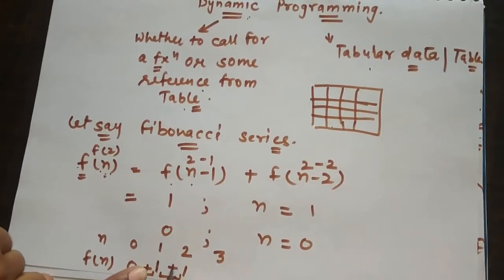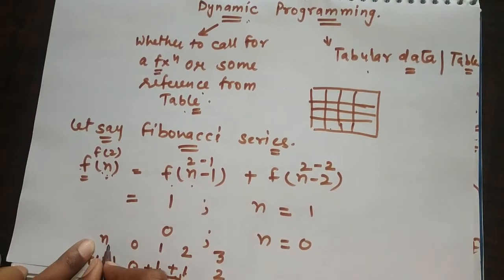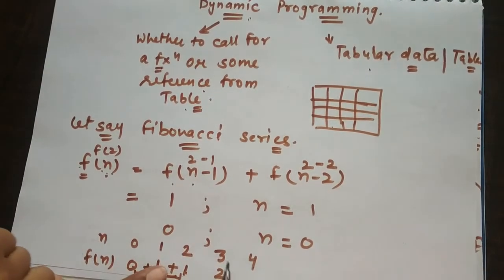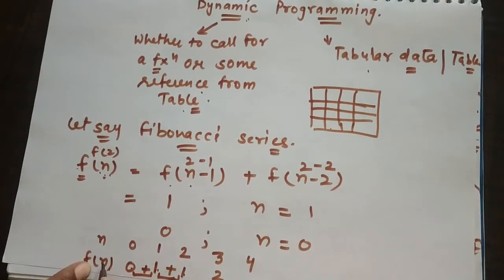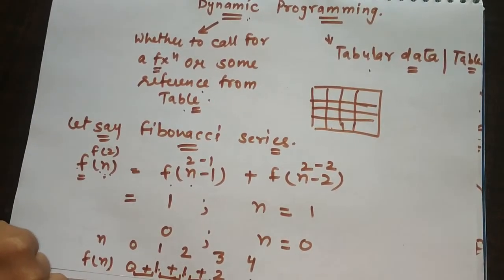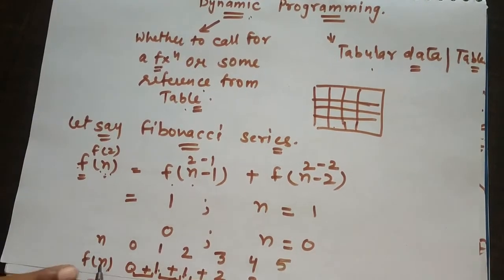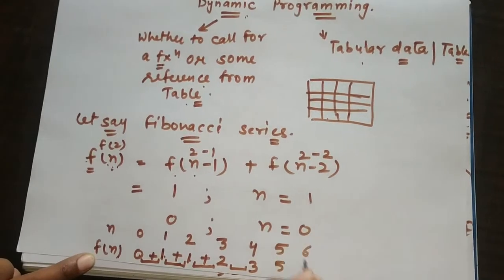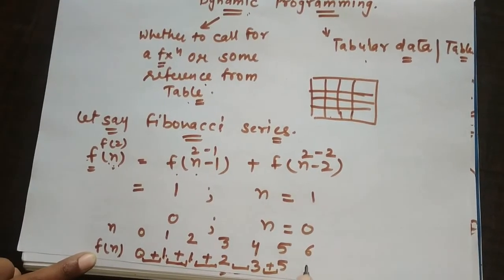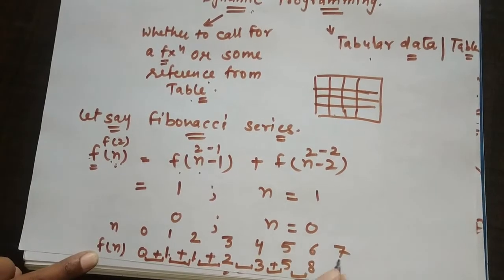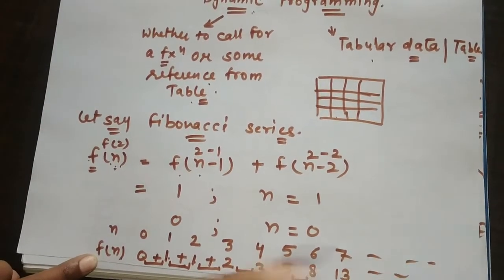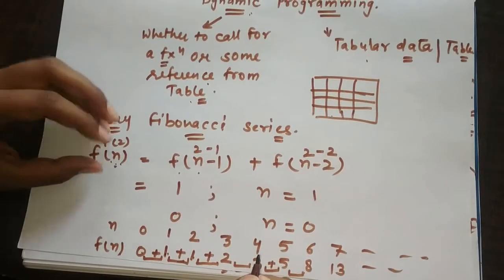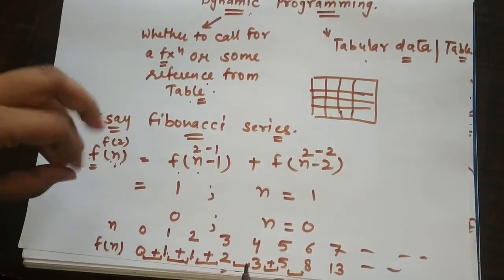When n is 3, f of 3 will be the addition of these two, 1 plus 1, 2. Let's say n is 4. f of 4 will be the sum of these two, 3. What will be f of 5? Sum of these two. For 6, it will be the sum of these two. For 7, the sum of these two. So it goes on. Now we will see how dynamic programming comes into existence.